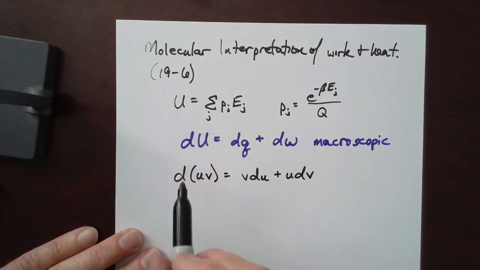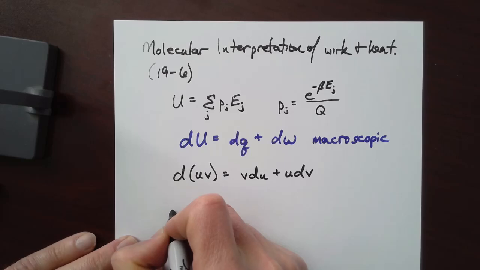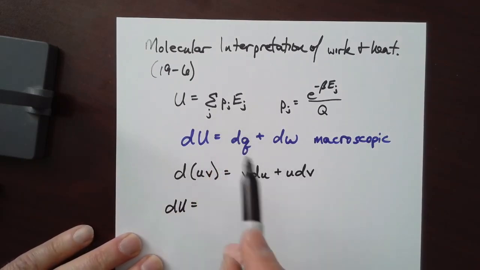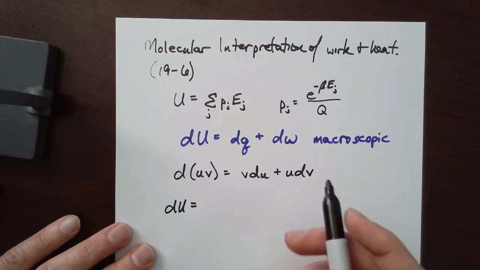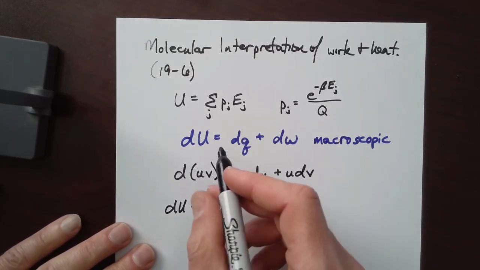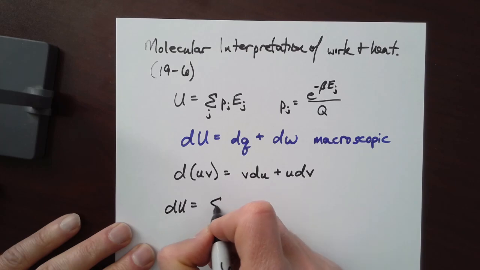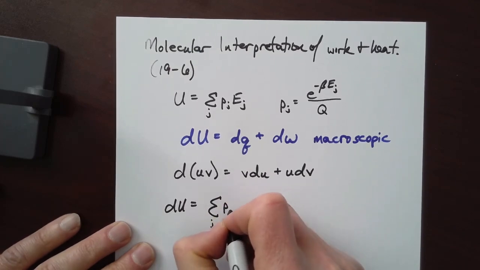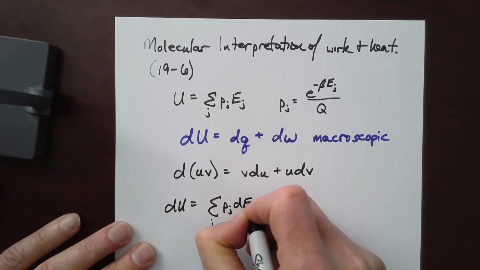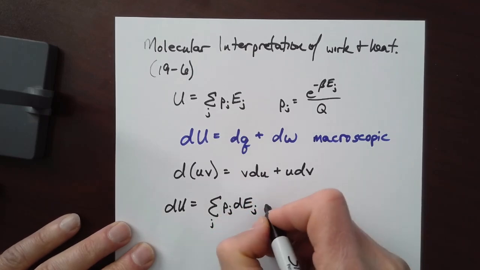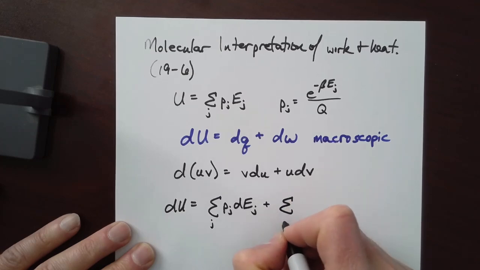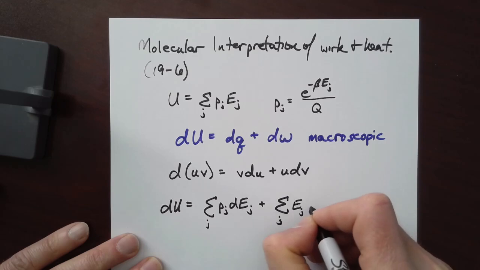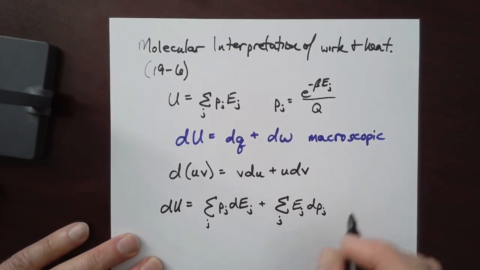When we want to do that up here to dU, I've got a product, Pj and Ej, so I'm going to have two summations: the summation of Pj dEj plus the summation of Ej dPj. Okay?